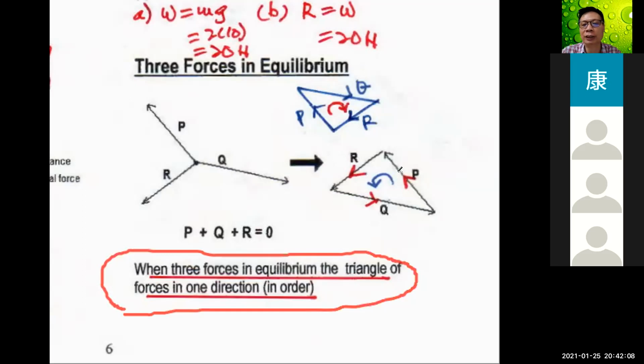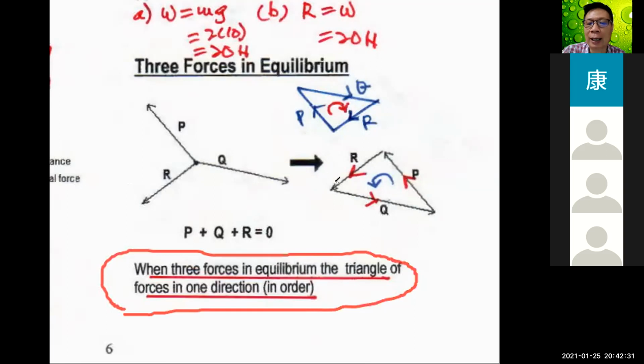Okay, example, you see this one. Q, I put it here. I never change the direction. Then P is here, I follow here. P also, direction I never change. And then followed by R, R also this direction.